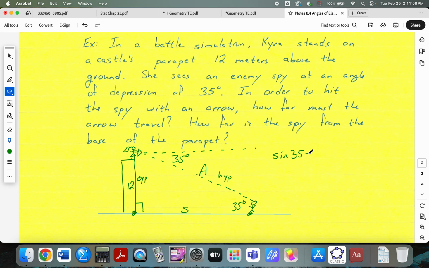Sine of 35 is equal to the opposite over the hypotenuse, 12 over A. Put that over 1 and cross multiply, and I get 12 is equal to A times the sine of 35. We'll divide both sides by the sine of 35.